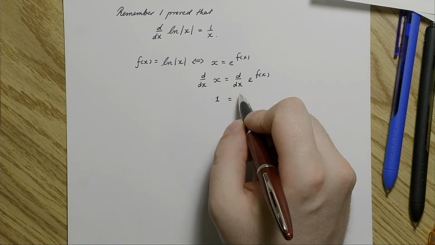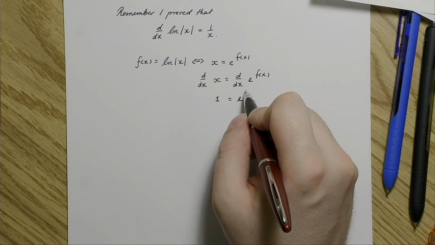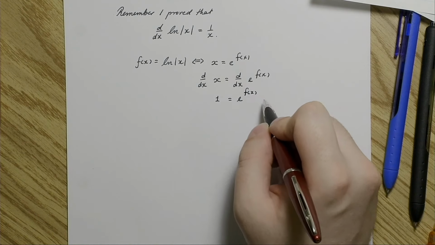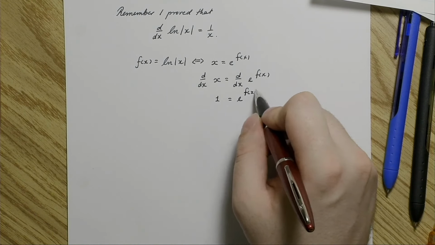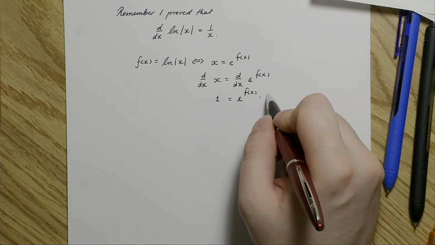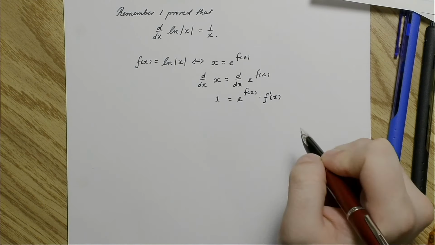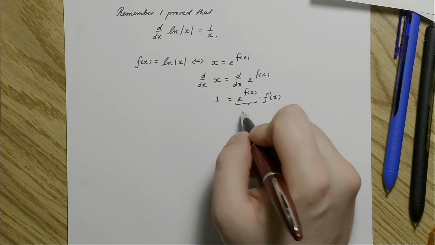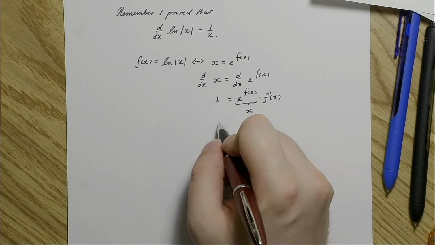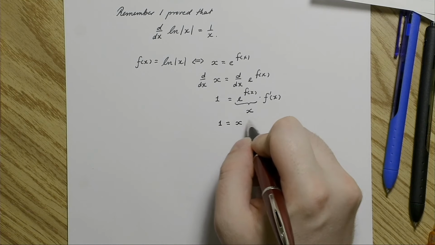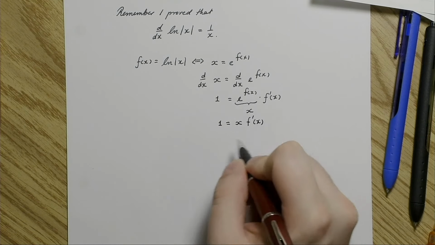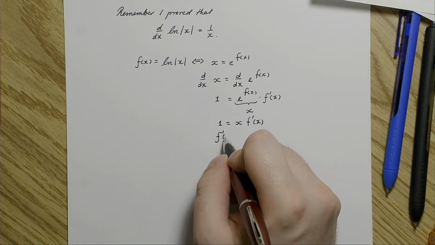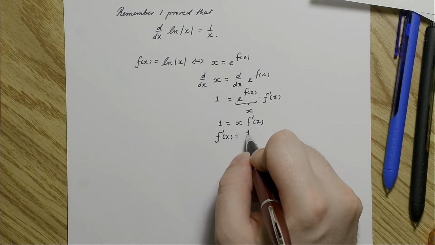And I use the chain rule on this, so it's the derivative of the outside function, which is just e to the f of x, times the derivative of the inside function, which in this case is f prime of x. And that is equal to x. So I'm left with 1 equals x f prime of x, or that f prime of x is equal to 1 over x.